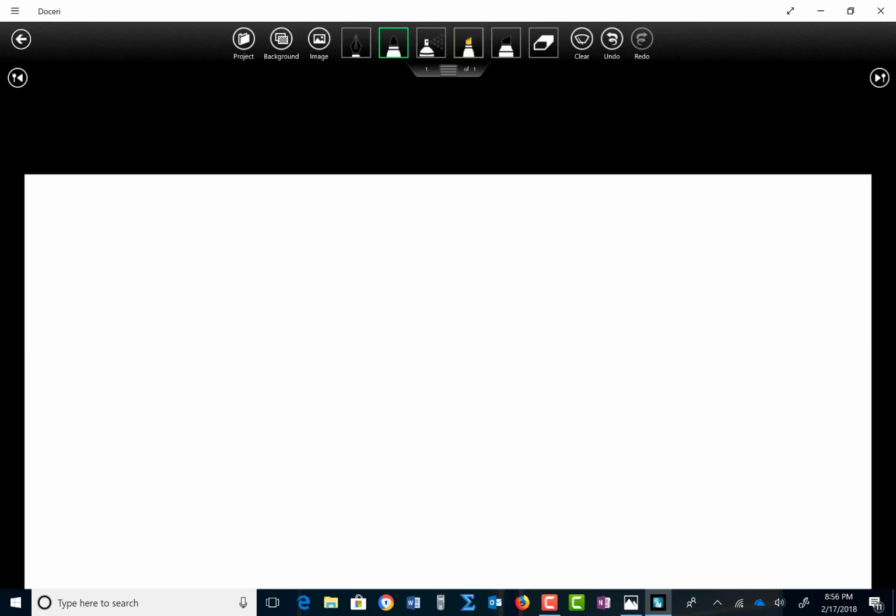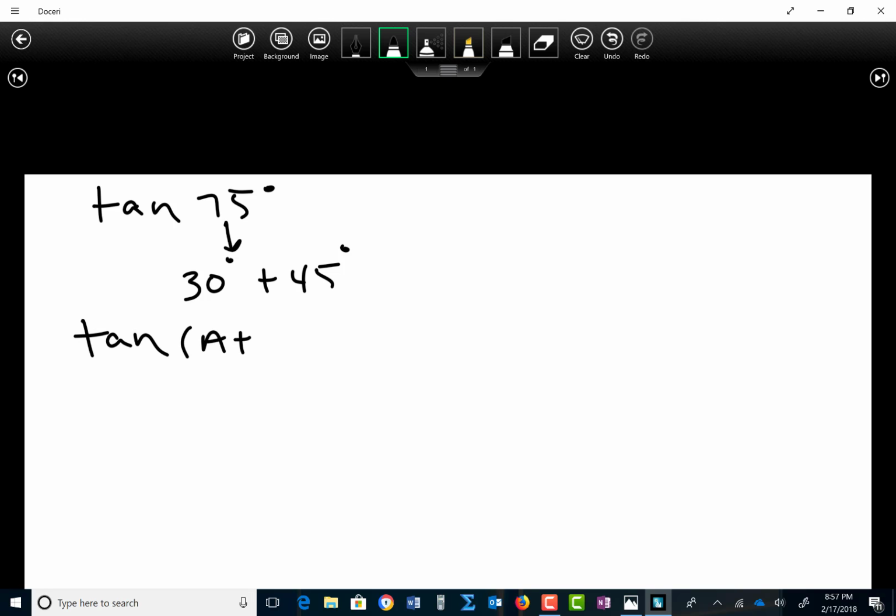Let's look at number 13, tangent of 75 degrees. And again, you want to look at your unit circle and find 2 things. So I'm going to use 30 and 45. And you can use anything on that unit circle. Here's your formula. Tangent of A plus B. So A is 30 and B is 45.